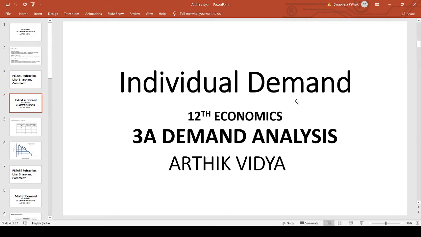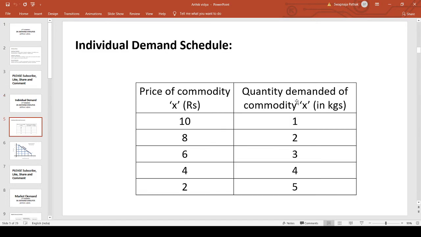It can be explained with the help of the following individual demand schedule. As I mentioned, individual demand schedule is a tabular representation, a statistical representation.